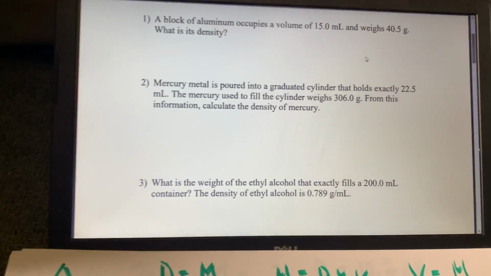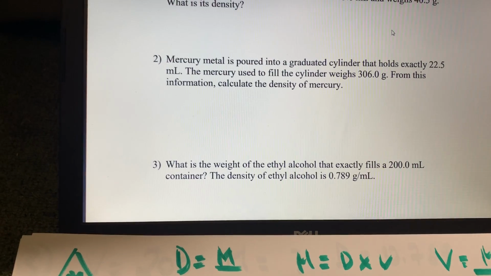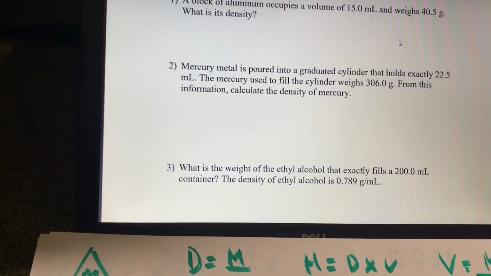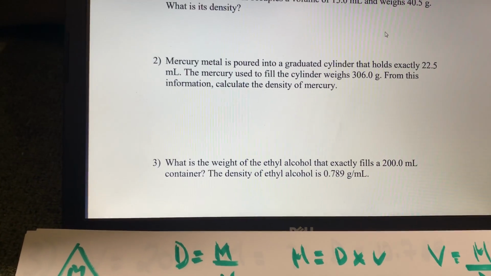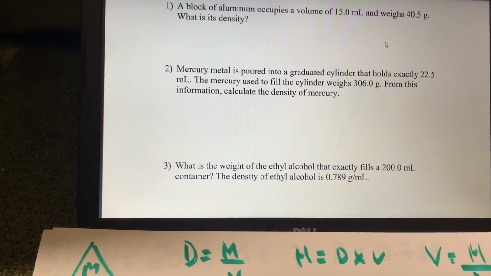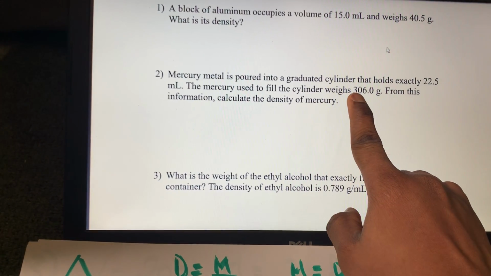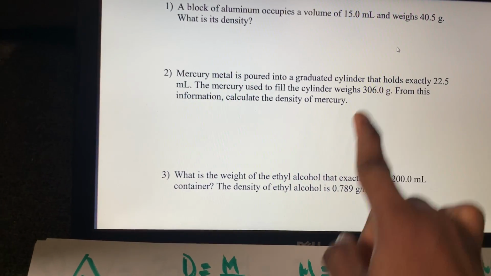Number 2 says a mercury metal is poured into a graduated cylinder that holds exactly 22.5 milliliter. The 22.5 milliliter is representing the volume, because of this sign over here. Now the mercury used to fill the cylinder weighs 306 gram.